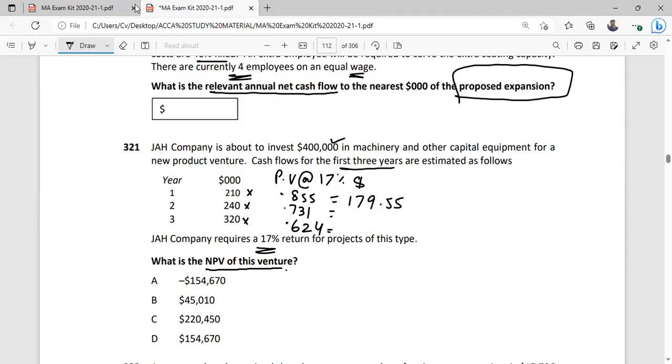Then you have 175.44. And then you have 199.68. Your initial investment is 400,000. Figures are shown in 100,000. So we will add up these values.